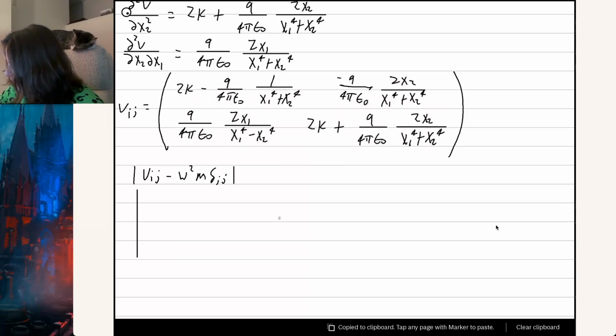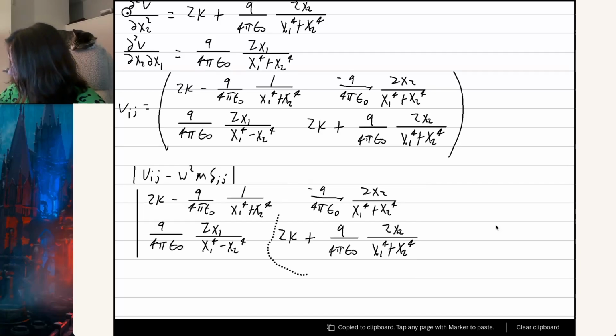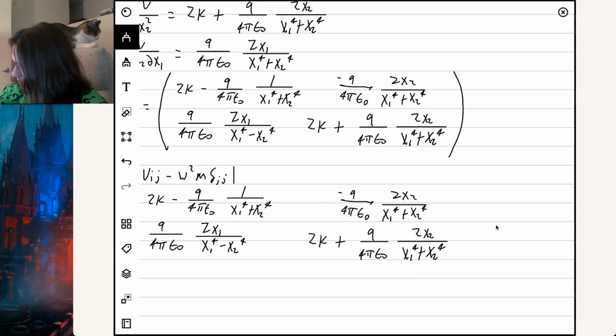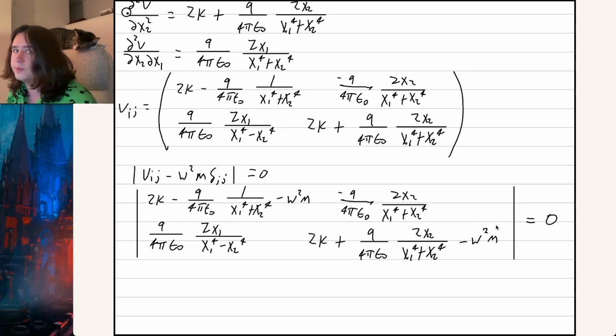Copy, paste. And then I'll give the terms on the left some room so I can write my minus omega squared m, minus omega squared m. You set that equal to 0, and you can solve for your eigenfrequencies.